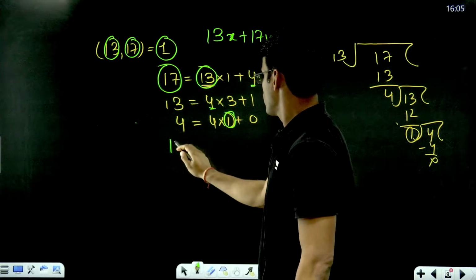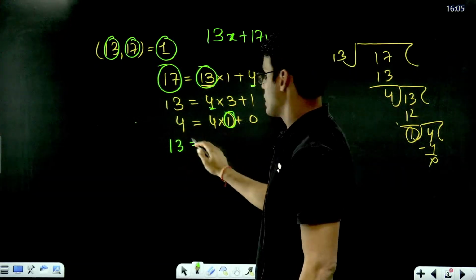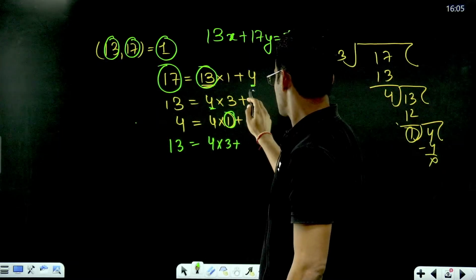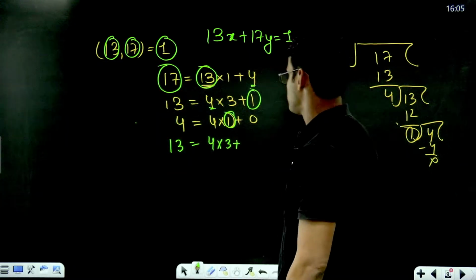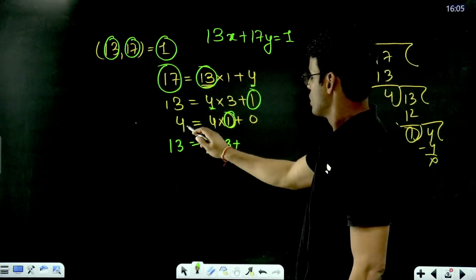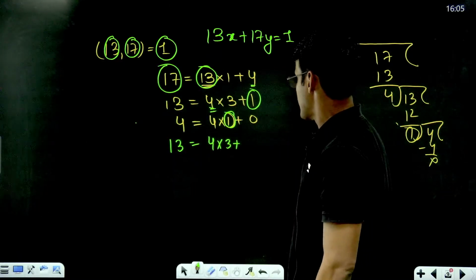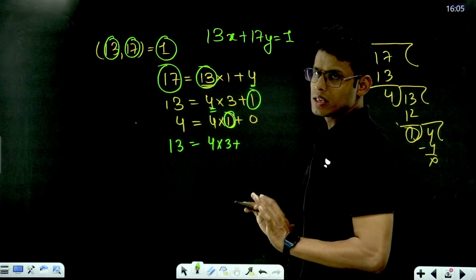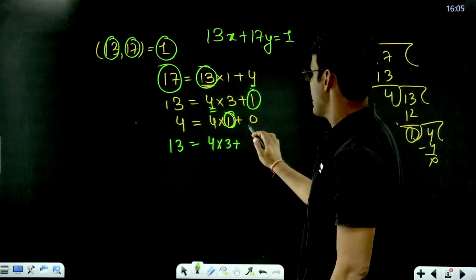I'm writing in this equation, I want 13. This 4, I'll just simply replace it.